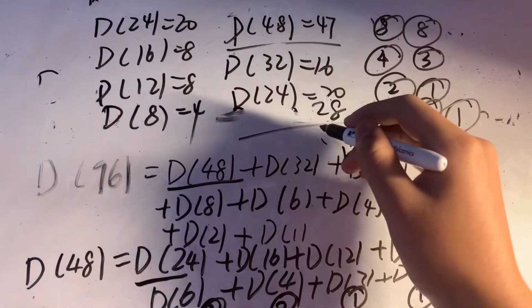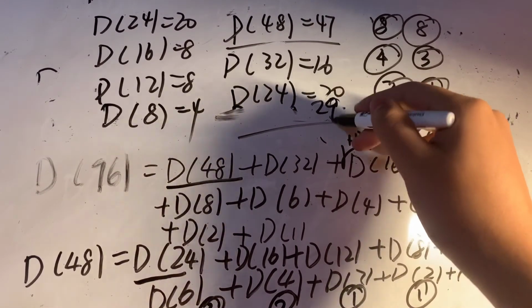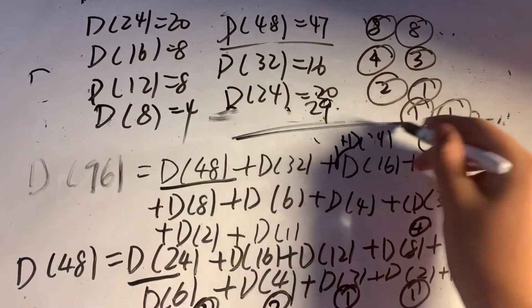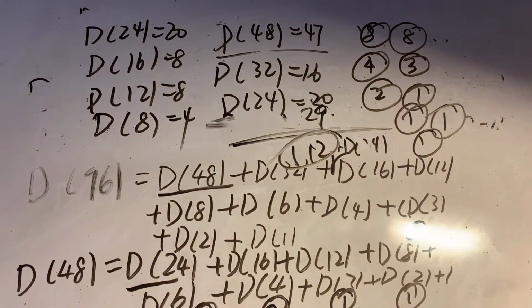So the total sum is 47 plus 16 plus 20 plus 29. It is equivalent to 112, which is our final answer.